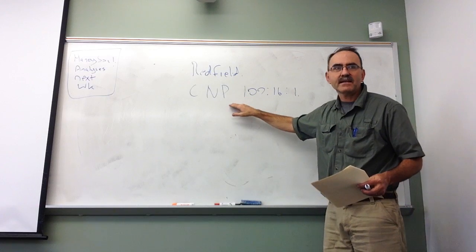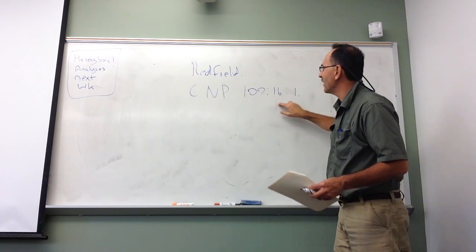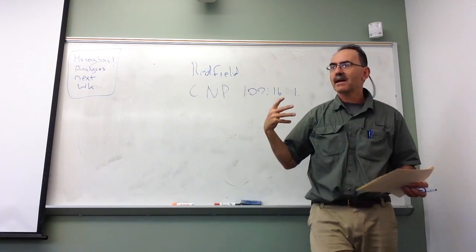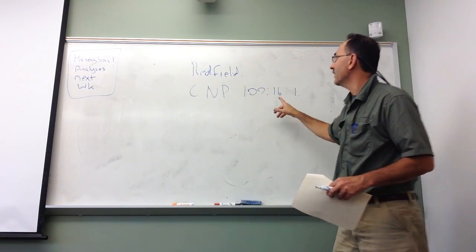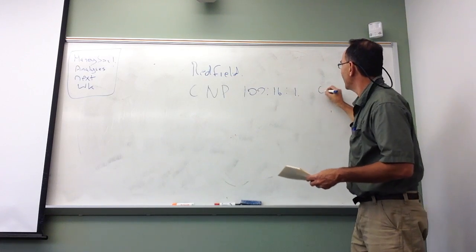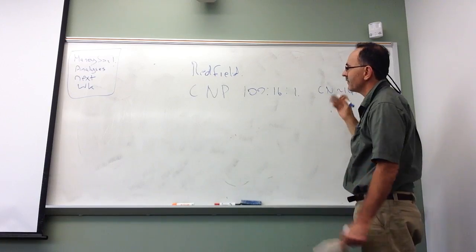And he found that there was this very, very consistent ratio when he looked at a particular kind of algae in the water. And basically, the C to N ratio over here is approximately 14 to 1.